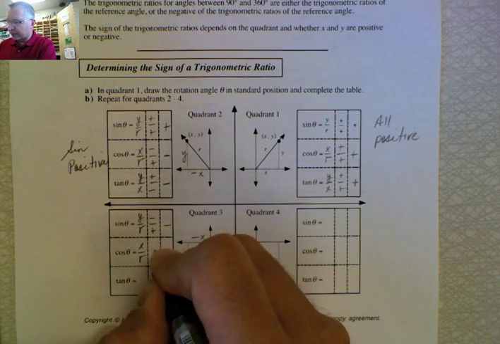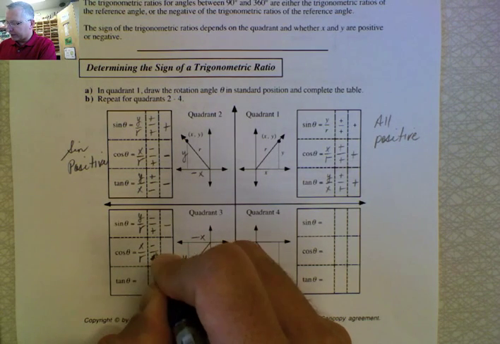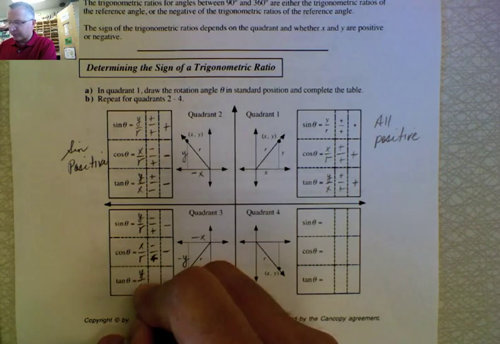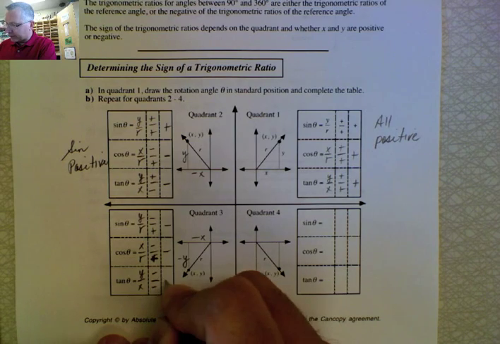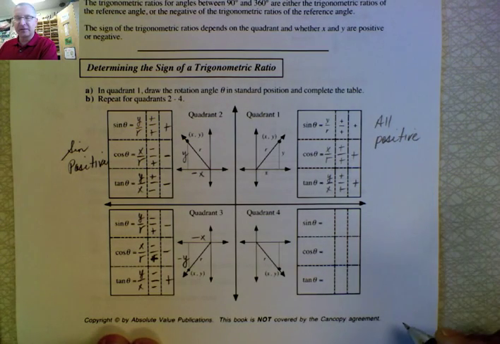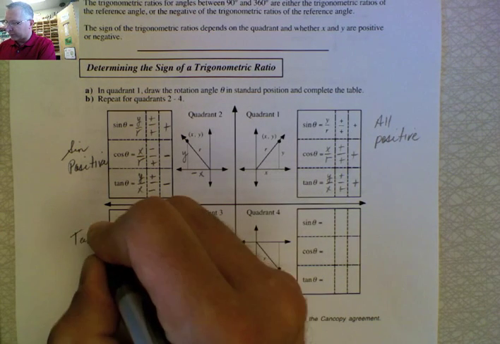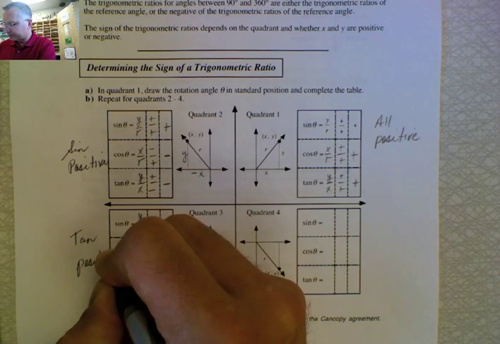Cosine's x over r, x is negative, r is positive, and so a negative over a positive is a negative. Tangent is y over x. Well, y is negative and x is negative, so a negative divided by a negative is a positive. So the only thing that's positive in quadrant 3 is tangent.